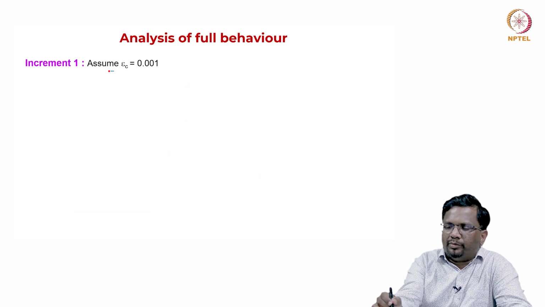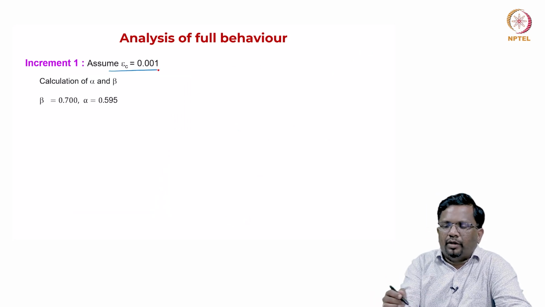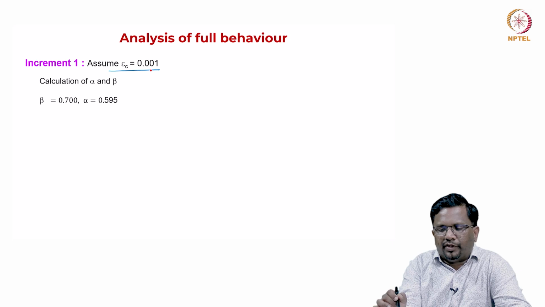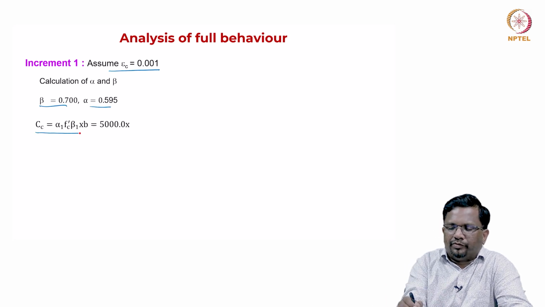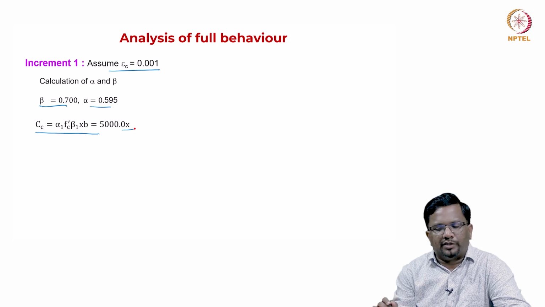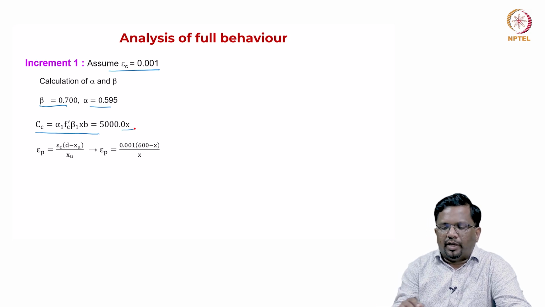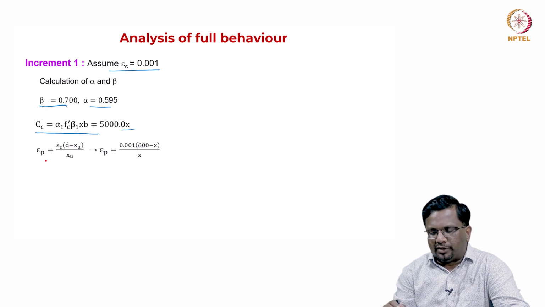Now, we are going to assume epsilon c equal to 0.001. Once epsilon c is fixed, I can get my beta and alpha values, and I can get my compression force in the form of x, the neutral axis, as 5000 x. And epsilon p is the strain in the pre-stressing steel.